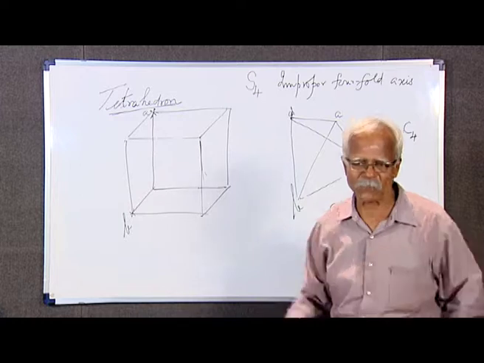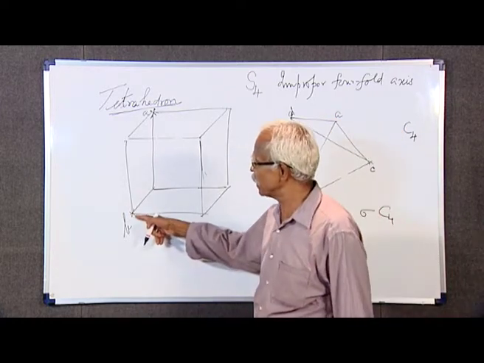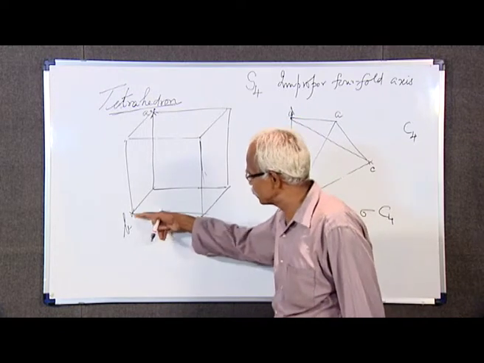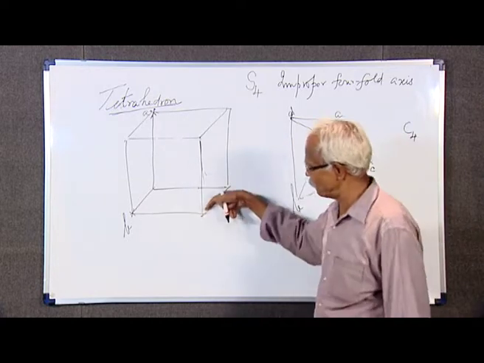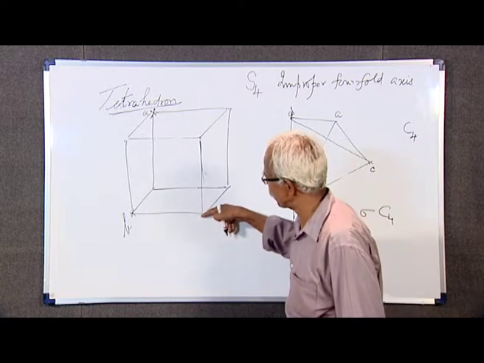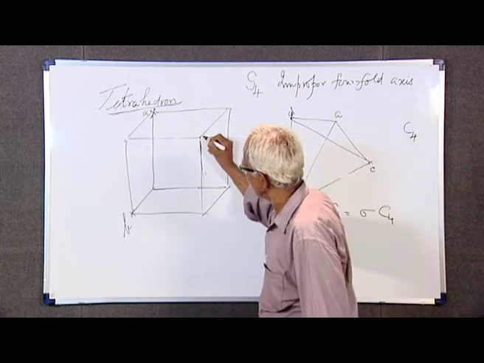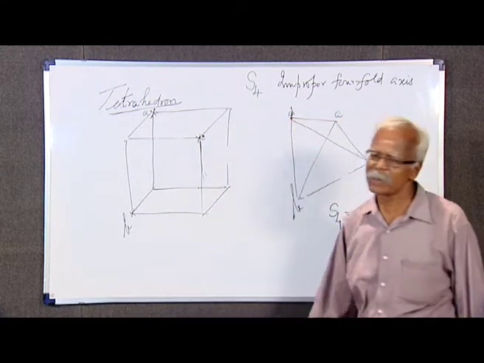Now, you yourself can do it, just repeat it. Another S4, that means C4 followed by sigma. C4, then sigma means reflection, it goes up, you will reach this point.